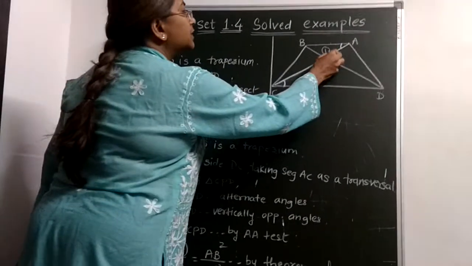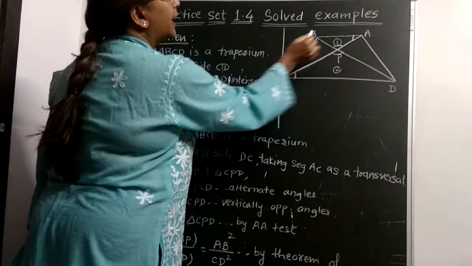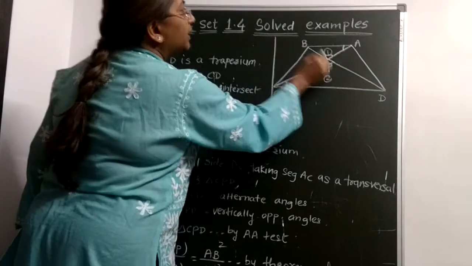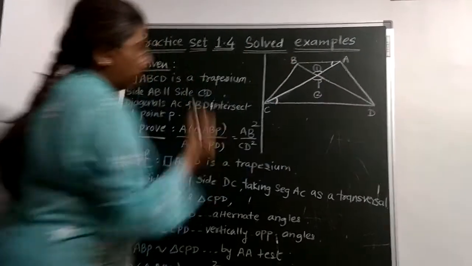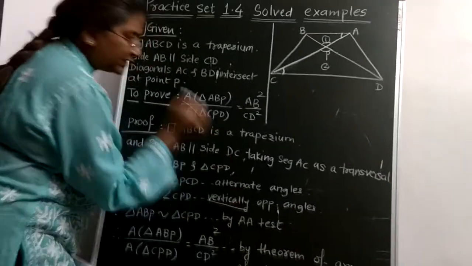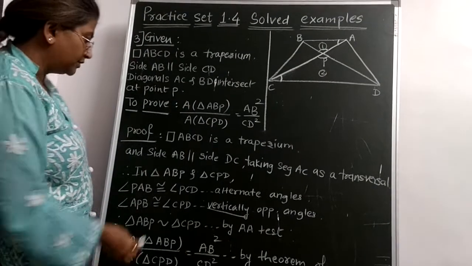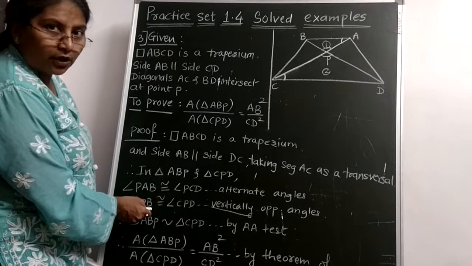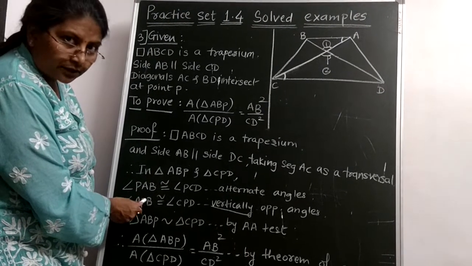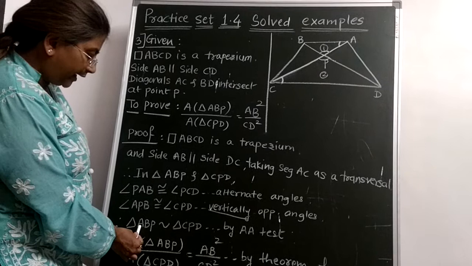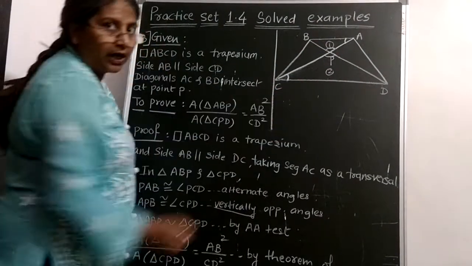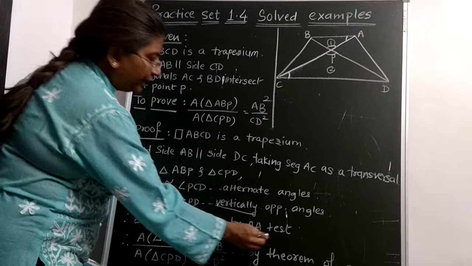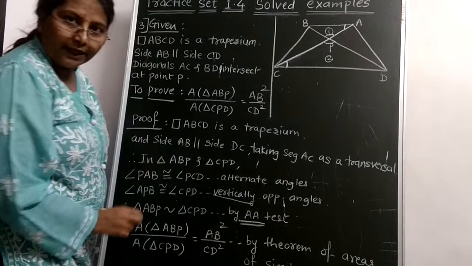Similarly, we will consider these two angles, angle APB and angle CPD. These two are congruent because they are the vertically opposite angles. So if two pairs of corresponding angles are congruent to each other, triangle ABP and triangle CPD are similar to each other by the angle test.